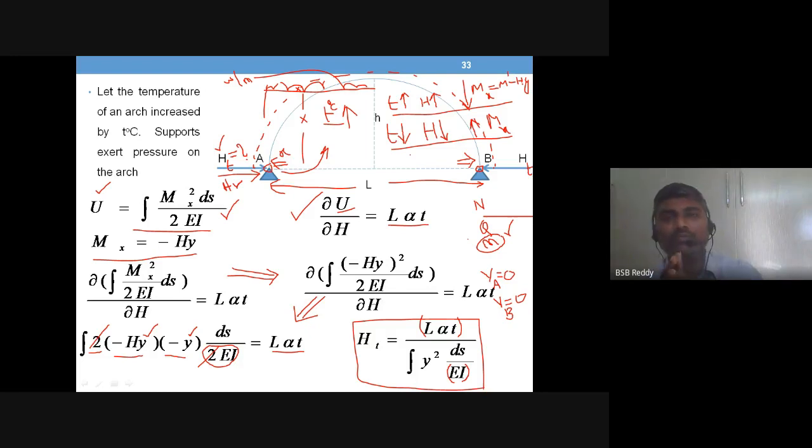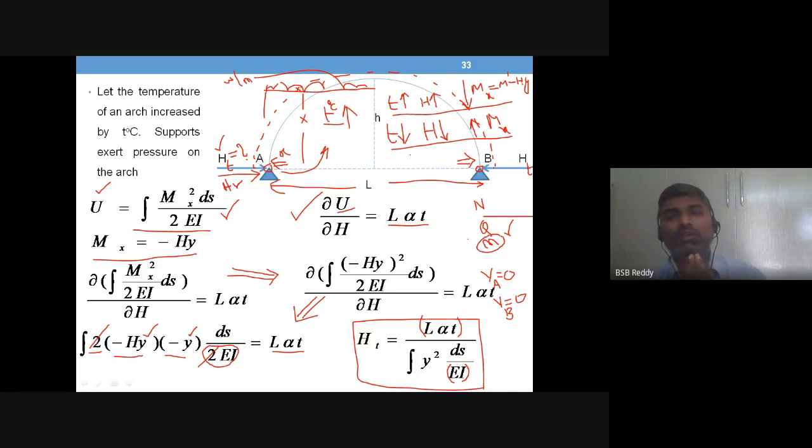So the effect of temperature increase is desirable. Okay, means what? You will have a safety, because you have already designed for Mx.